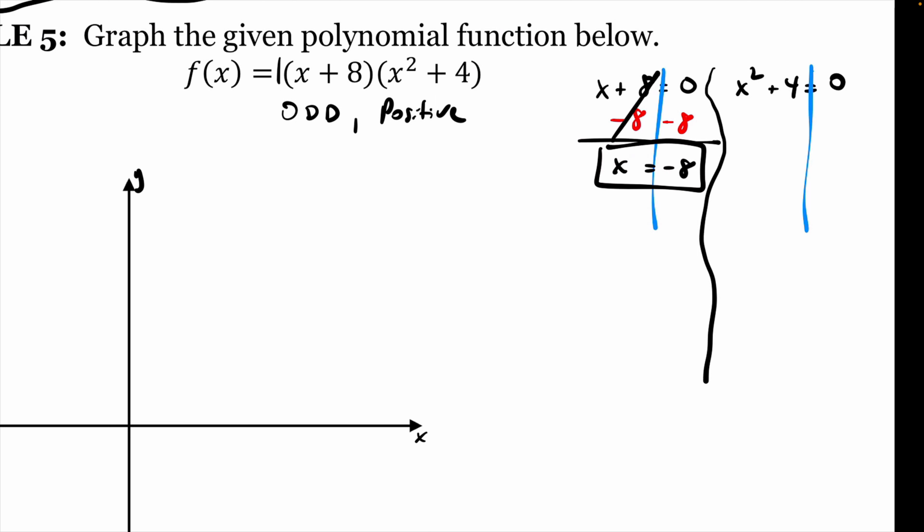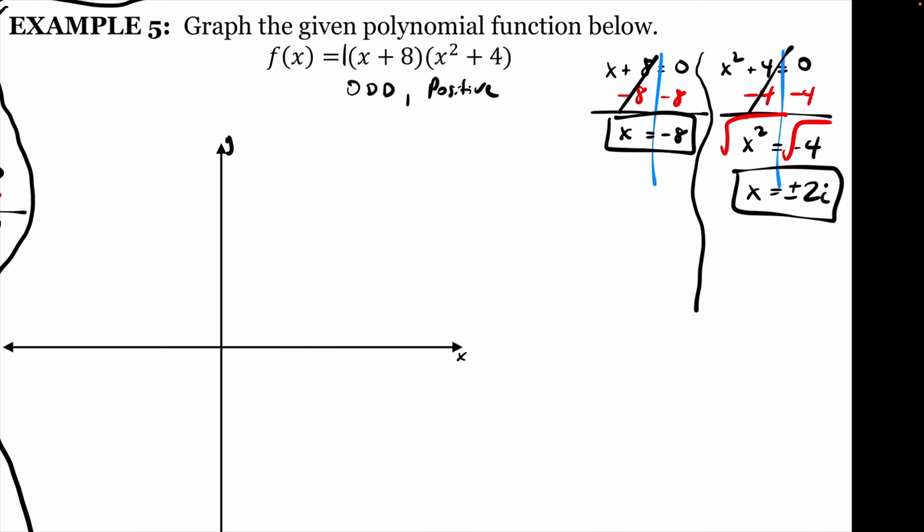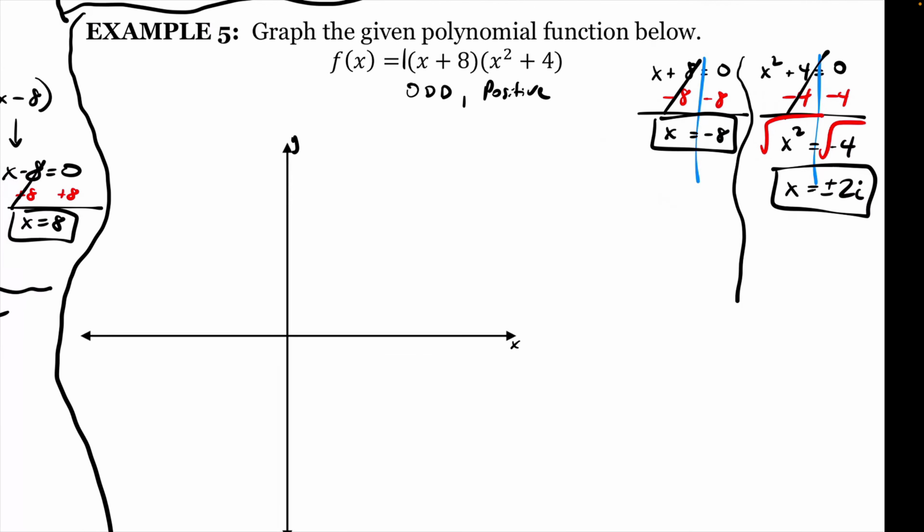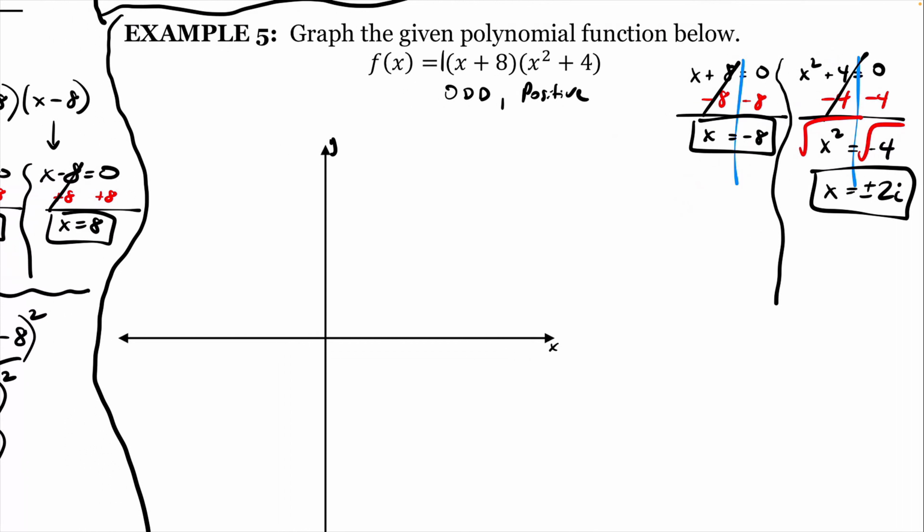The next one, subtract 4. -4. Square root. What's the square root of -4? Plus or minus 2i. Yep. The y-intercept would be like at 32? Yeah, because you plug in 0, you get 8 times 4, which is 32. So 0, 32. So it's going to be way up here.